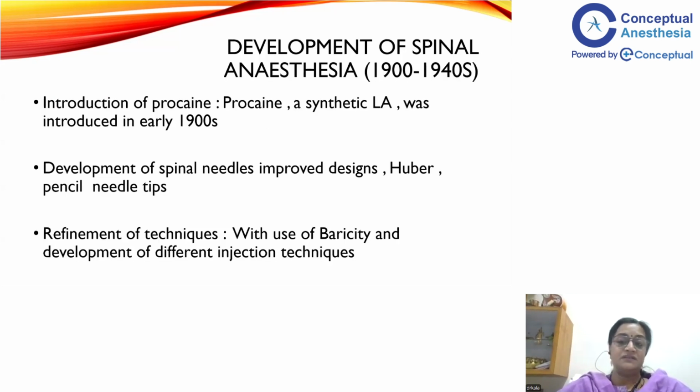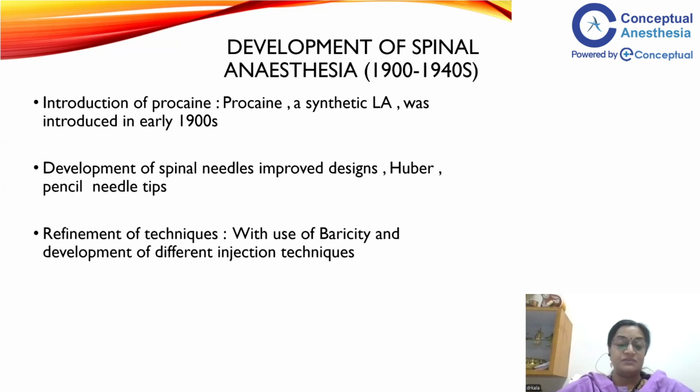Then further development of spinal anesthesia occurred from 1900 to the 1940s. The introduction of procaine: procaine was the first synthetic local anesthetic agent, introduced in the early 1900s. Development of the spinal needle, improved designs, the Huber point, the pencil-point needle tips, all of which we went through in the last session.